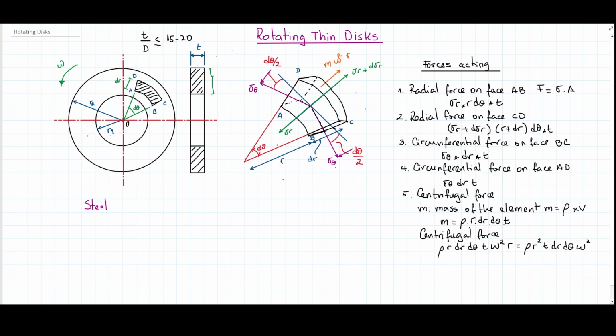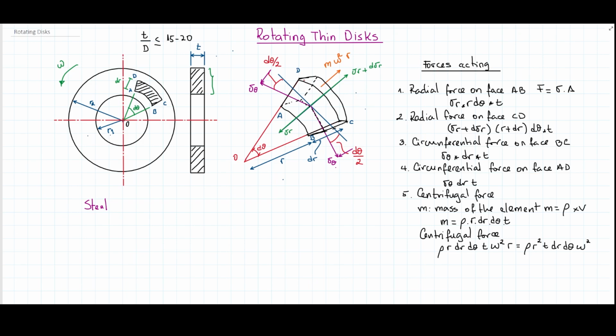The area is this circular segment defined by r times delta theta, r going from the origin of the system to the beginning of the differential element, and delta theta being this angle, and then times t. That's going to give me the area, and when I multiply it times the stress there, it gives me the force applied here.